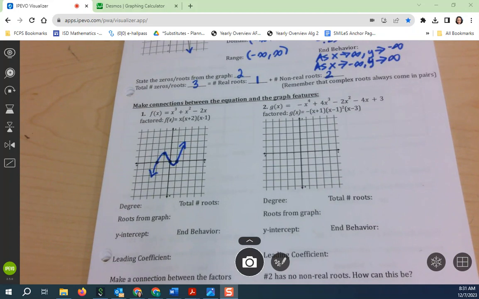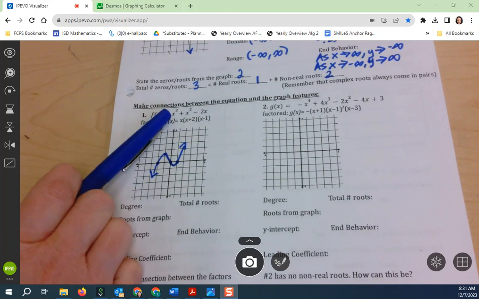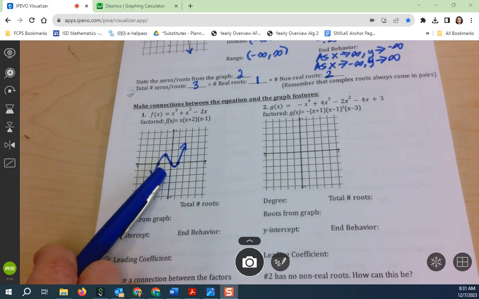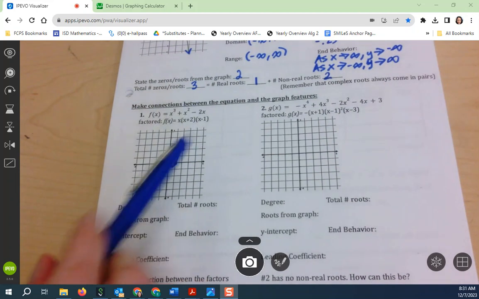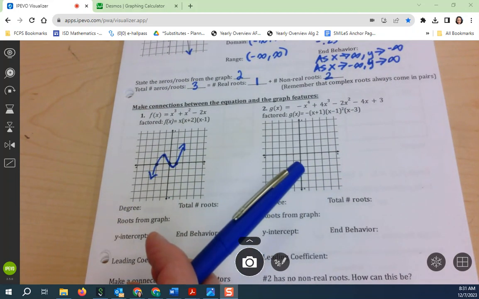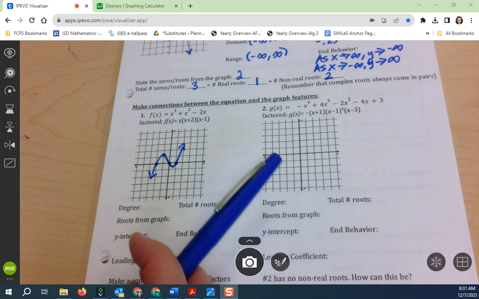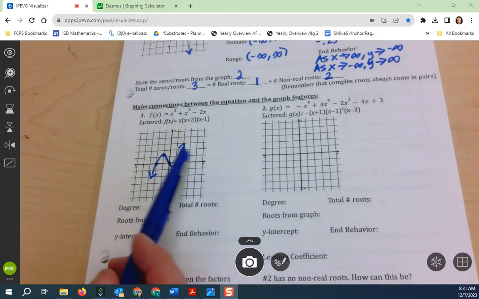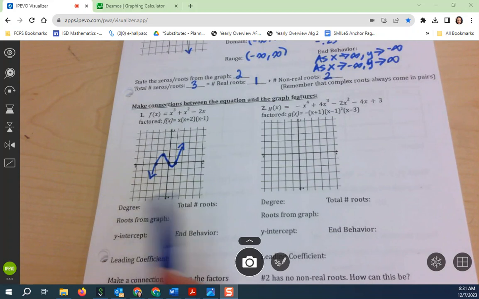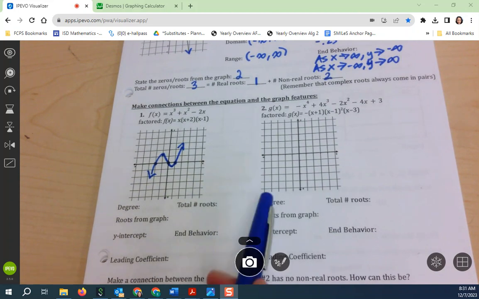For the degree, quiet down please. For the degree, you can get the degree from the equation or from the graph, right? Do you think it's going to be easier to get your degree from the equation or the graph? That's interesting. So on the graph, you would probably not start with degree. You would start with turning points, right?